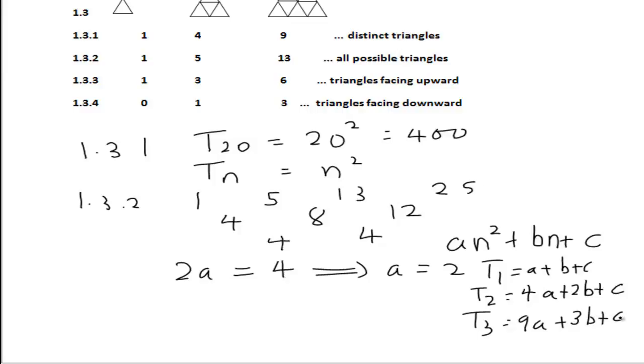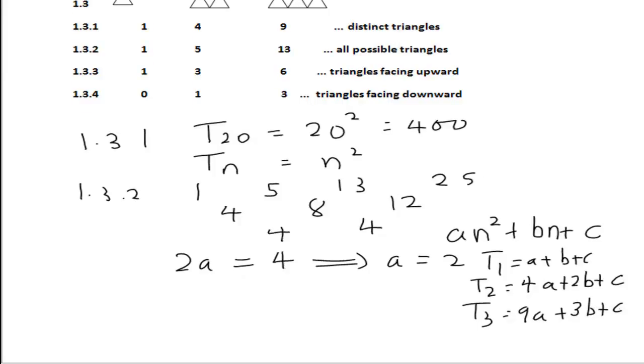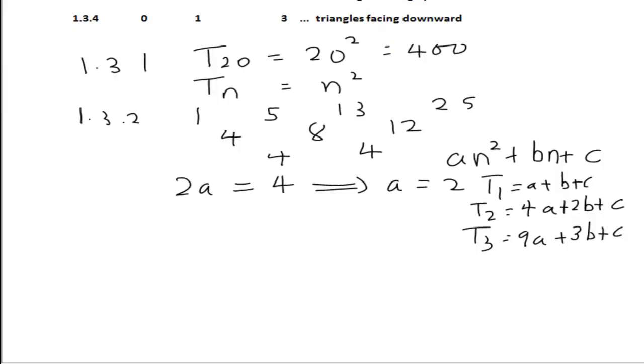And you'll find when you subtract, this is 1 obviously, and this is 5. Now when you subtract, you'll find you get 3A plus B, and that equals 4.